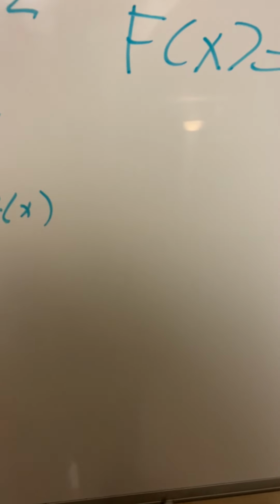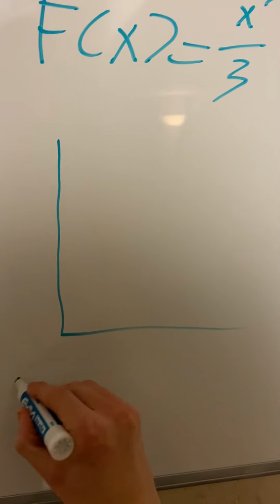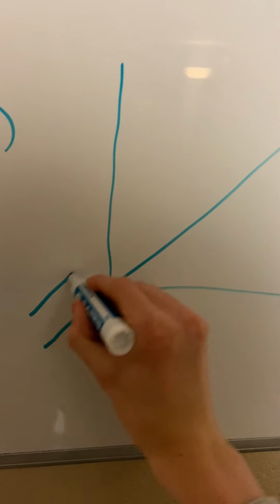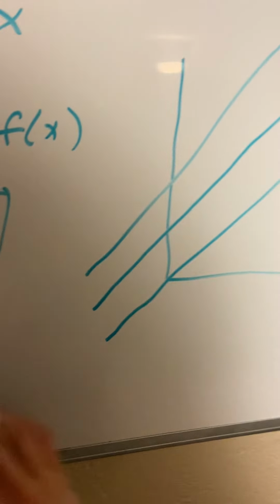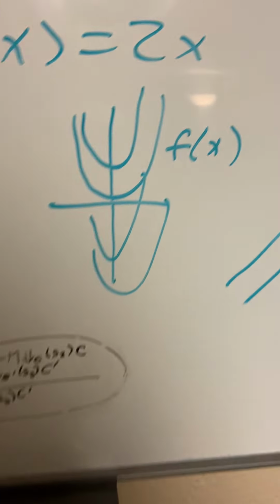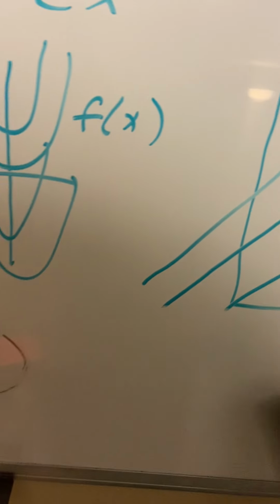Like, if we have this as a graph, and say this is a line with slope 1, this is also 1. These are all slope 1. It's the same thing, where we can shift up and down and we'll still have the same derivative, because that's exactly what the derivative is.